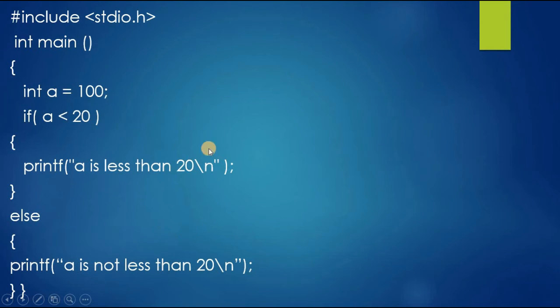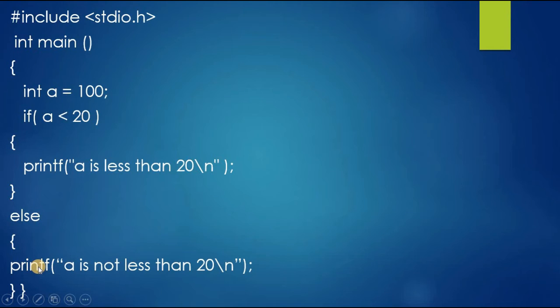Now we will trace the program. The condition is a is less than 20, which is not true, meaning it's false, because we declared a as 100 and 100 is not less than 20. So here we got the condition as false, so it will go to the else part of the program.